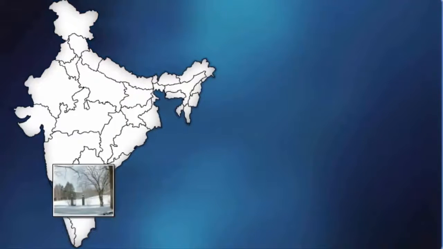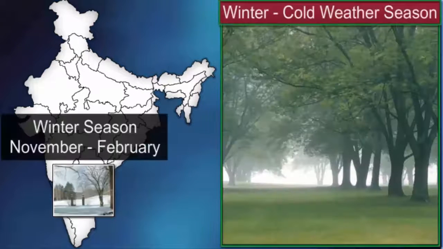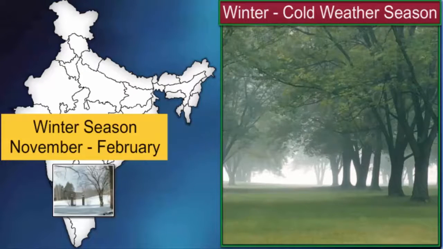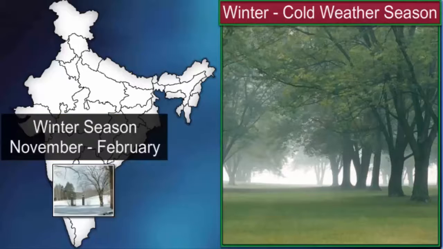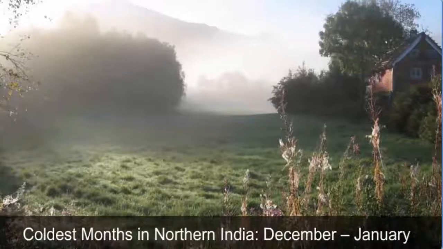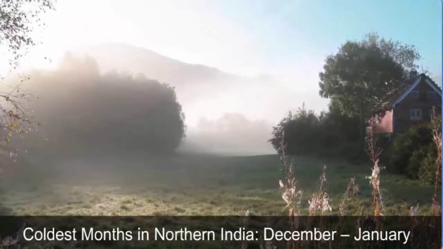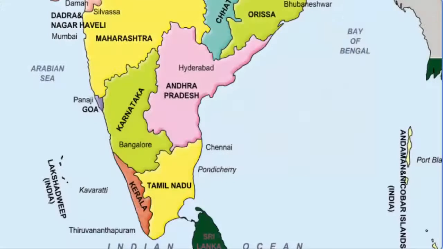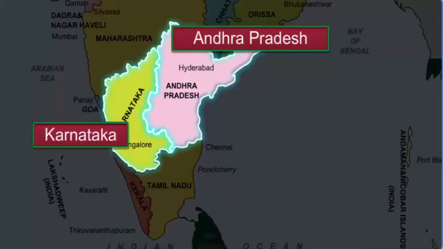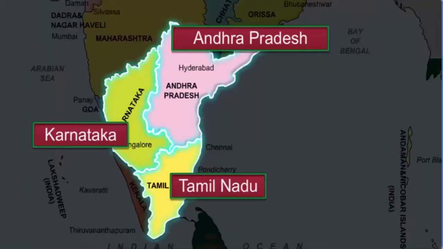India has cold weather in the winter that begins in mid-November and lasts till February. December and January are the coldest months in northern India. By contrast, the southern parts of India do not experience very low temperatures.